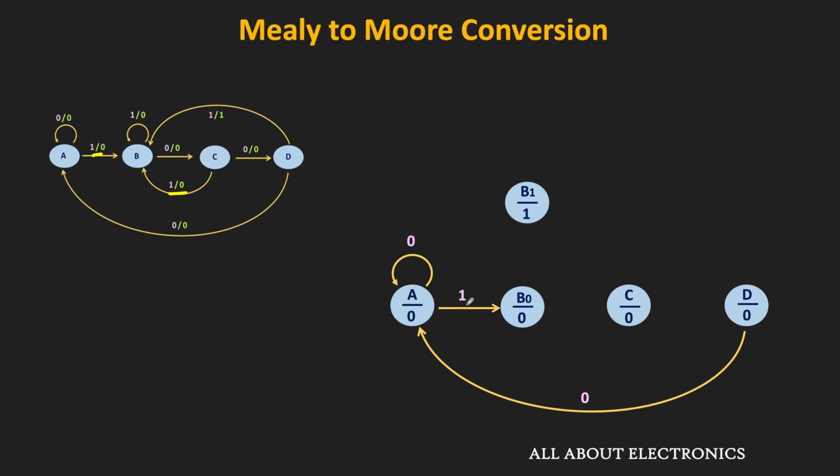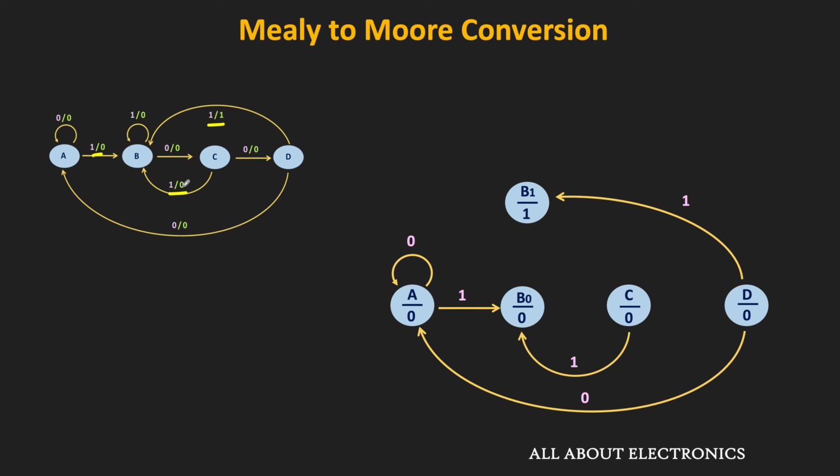And similarly, in the C state, when the input is 1, then it will go to the B0 state. Now in the third incoming transition, if you see, then the output is equal to 1. And therefore, this transition will go to the B1 state. That means here, from the D state, when the input is equal to 1, then it will go to the B1 state. So in this way, we have also seen all the incoming transitions of this B state.